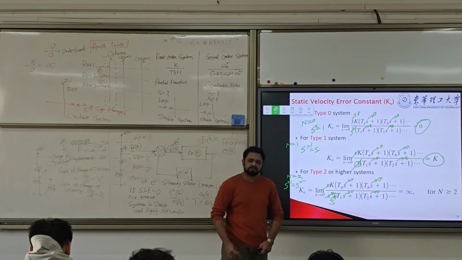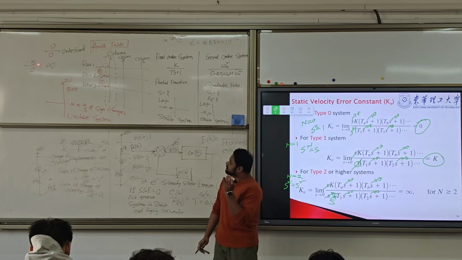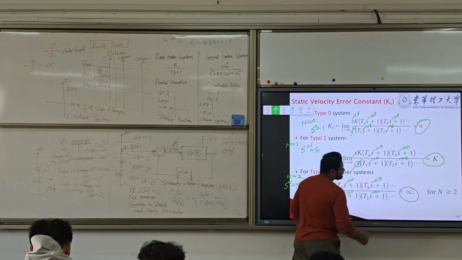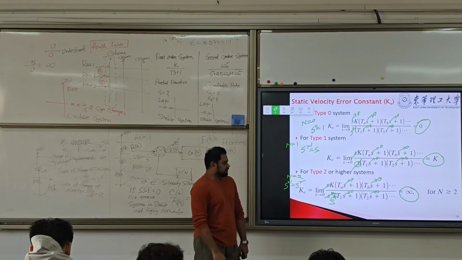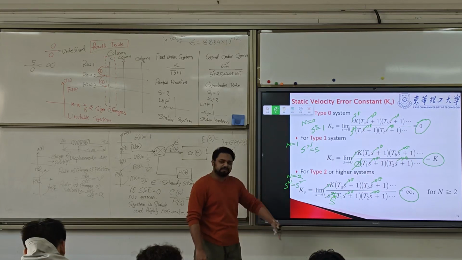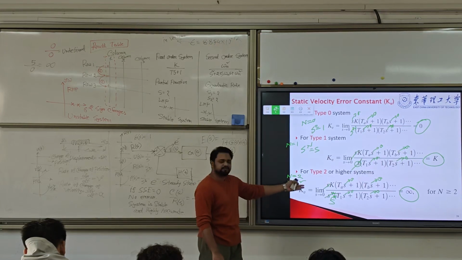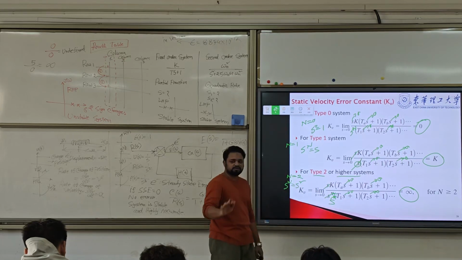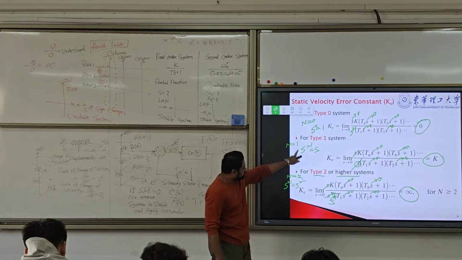Here the denominator is 0, so infinity. Once you find infinity, you don't need to continue, because the higher order types will be infinity. That's why it is written that for type 2 or higher system, all the values are infinity. Now you have the value of Kv.